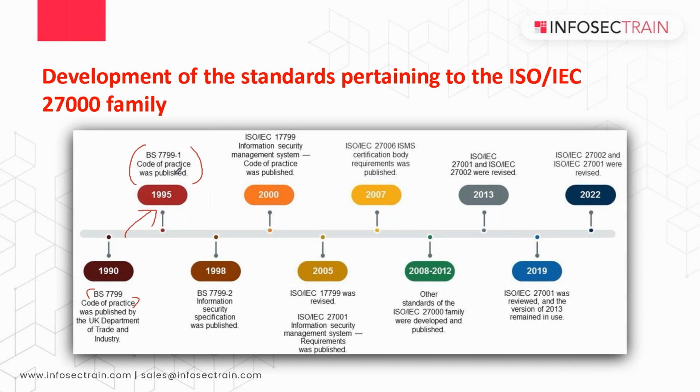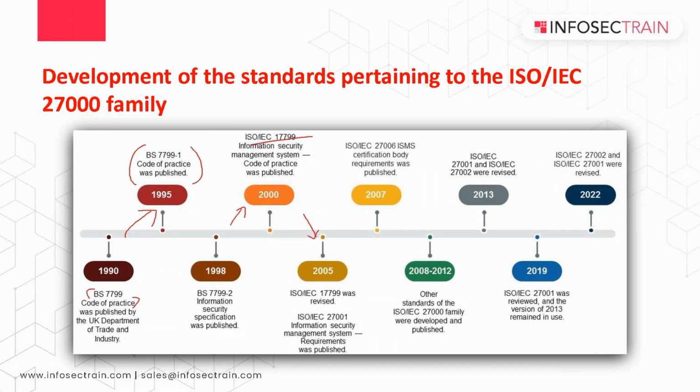Then in the year 2000, the British standard was adopted by ISO and they gave it the name ISO 17799, the information security management system code of practice, published in the year 2000. In 2005, the standard got revised and ISO 27001 as a requirement standard was published.